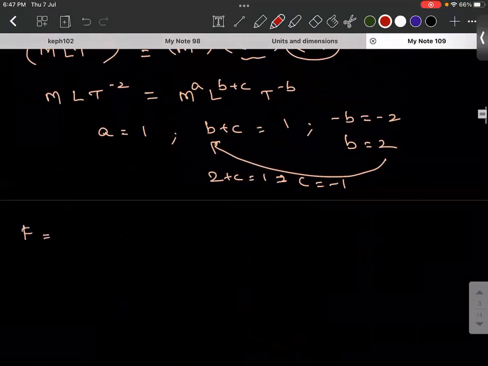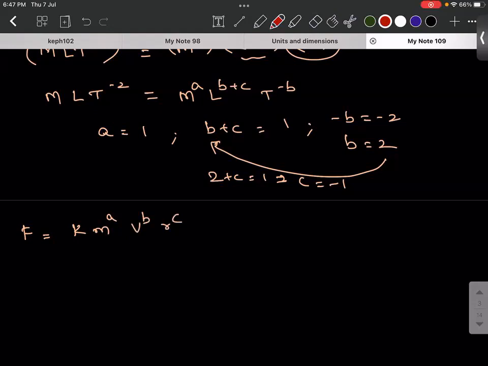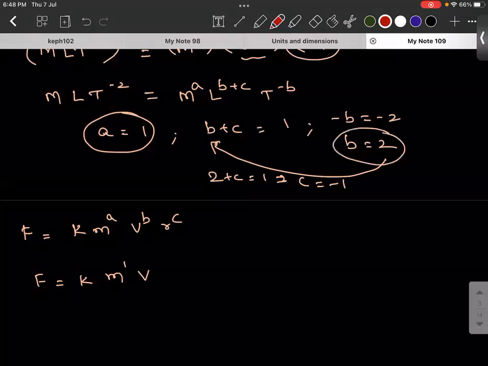And we know that F is equal to K times M power A, V power B, R power C. So what will F be equal to? K into M power A is how much? 1. V power B is how much? And R power C is how much? Minus 1. So you get MV square divided by R, multiplied with the K.